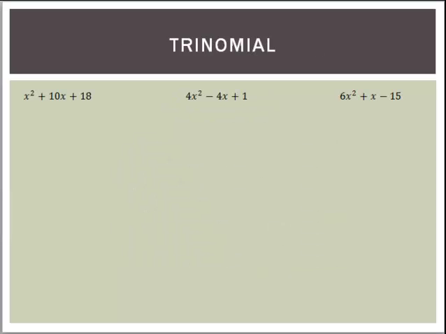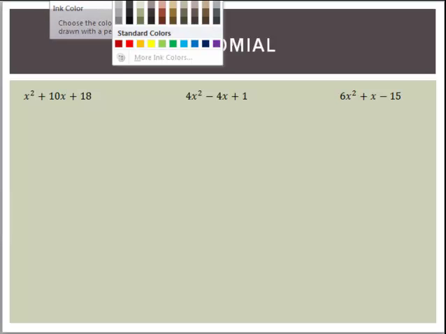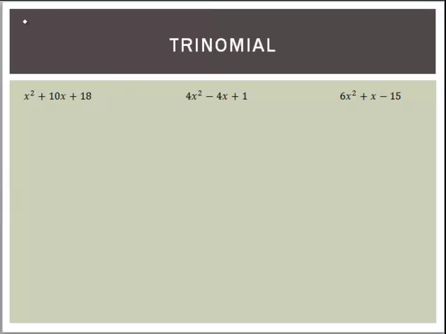Now we have a trinomial. Remember whenever you were working with these before? If you have something like x plus 1 times x minus 2, and you multiply it out, you get x squared minus 2x plus x minus 2.